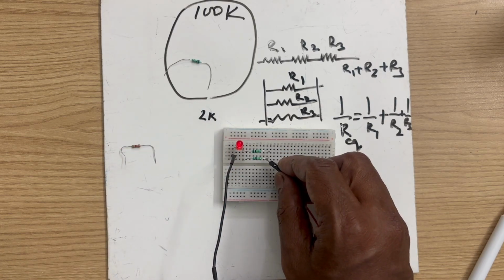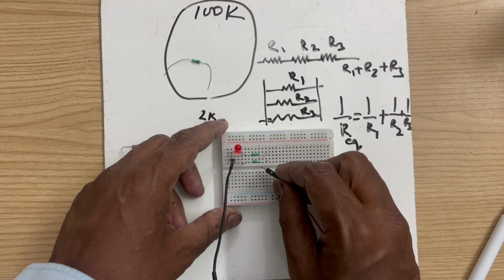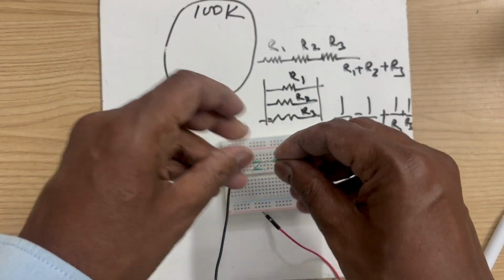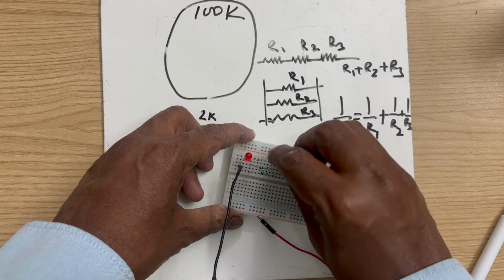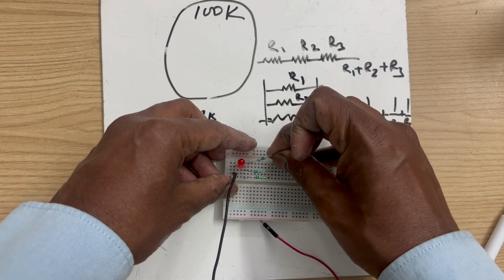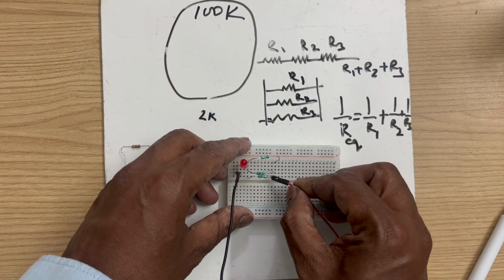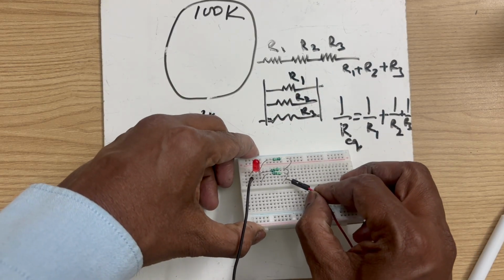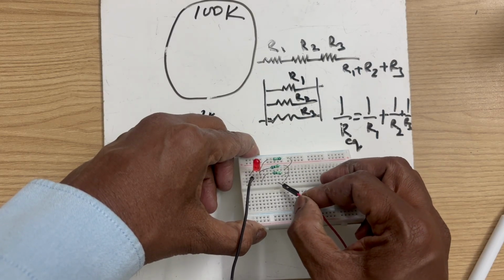So there is a little brightness in the LEDs. This way you can add more resistances in parallel and reduce the resistance. So you will see the difference, that the intensity is increasing.